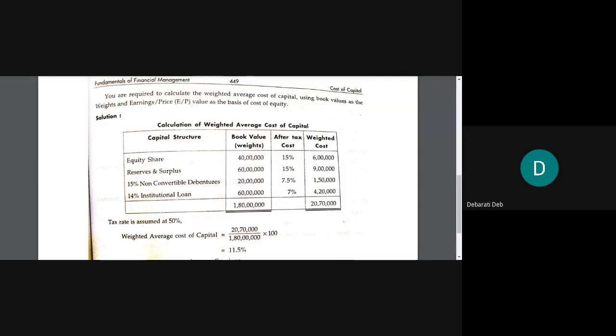Tell me the formula for calculating cost of equity share.